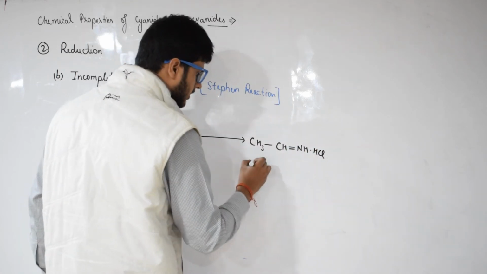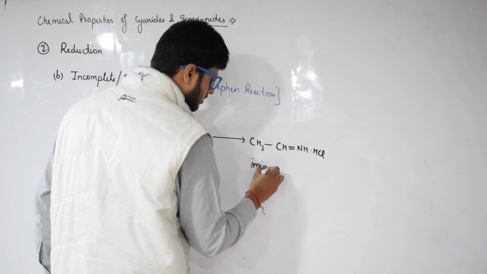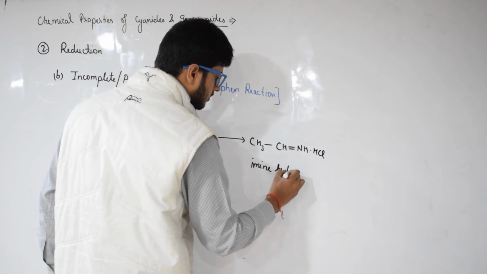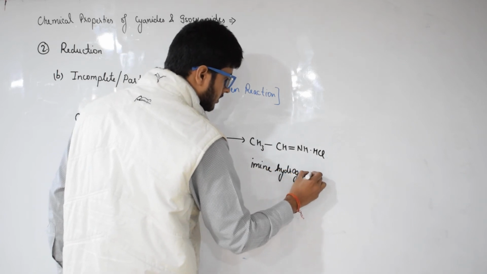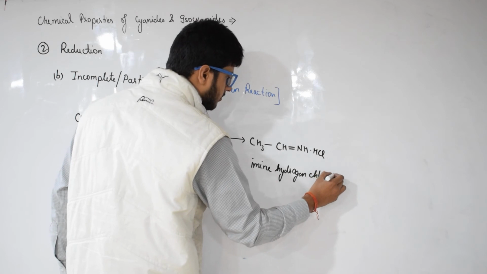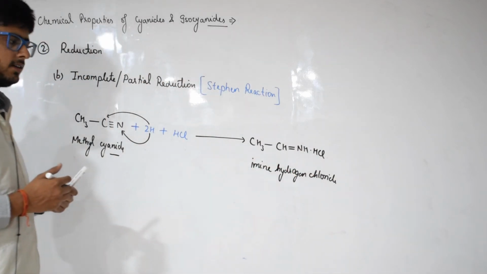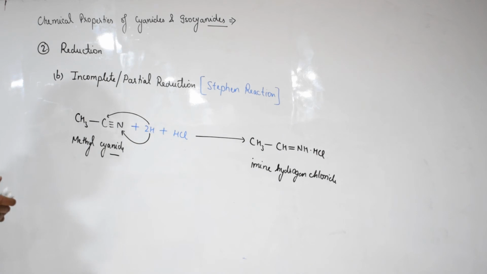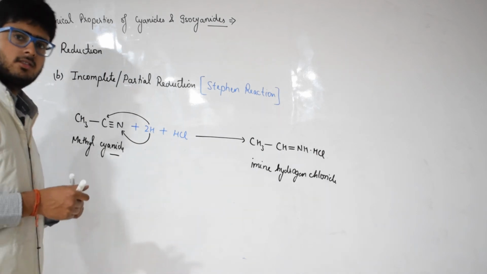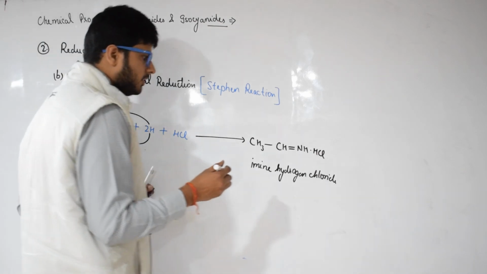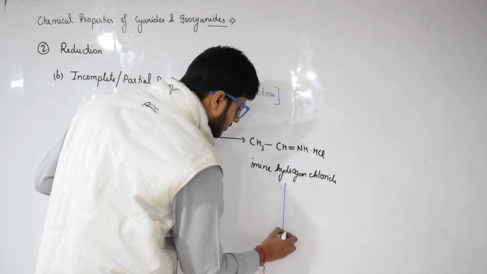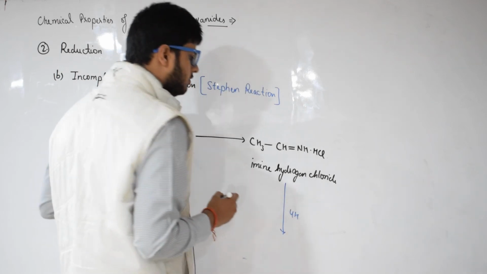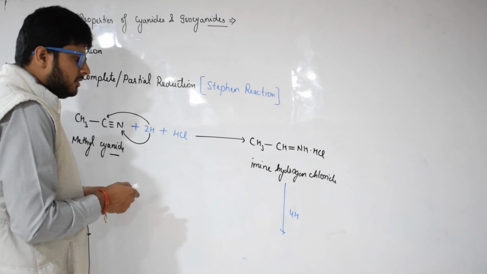This is called imine hydrogen chloride. Now, when it is further reduced, that is, when a further 4 atoms of hydrogen are added, what happens?